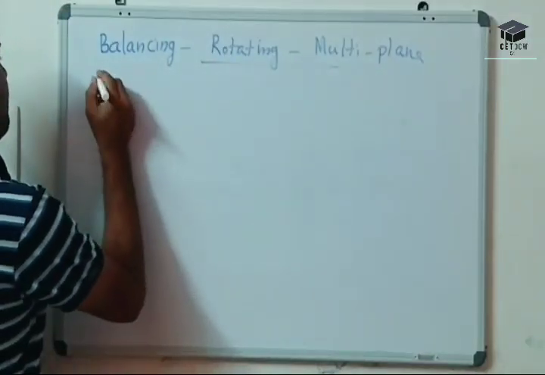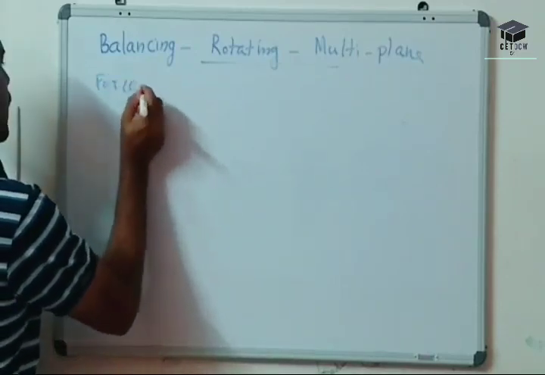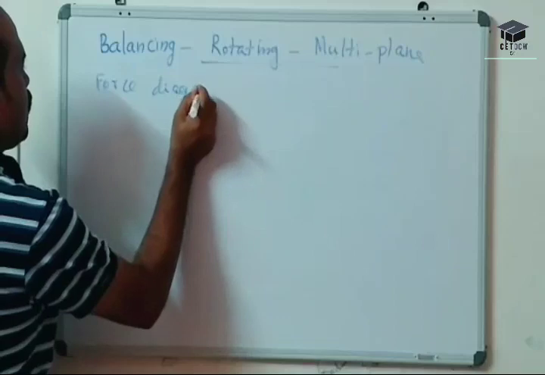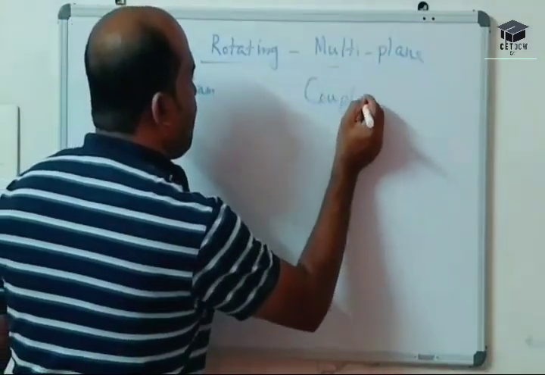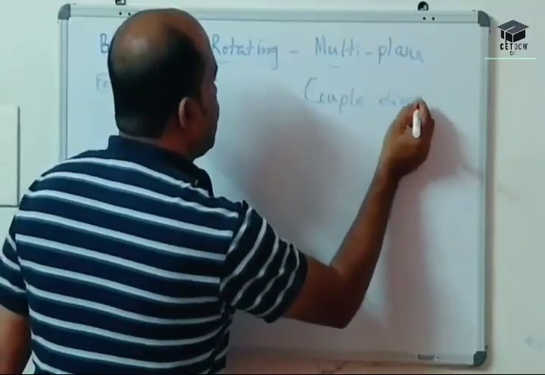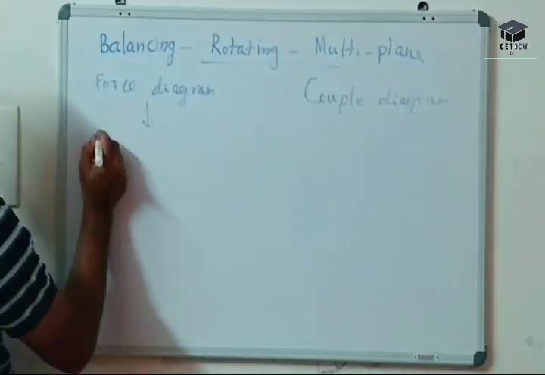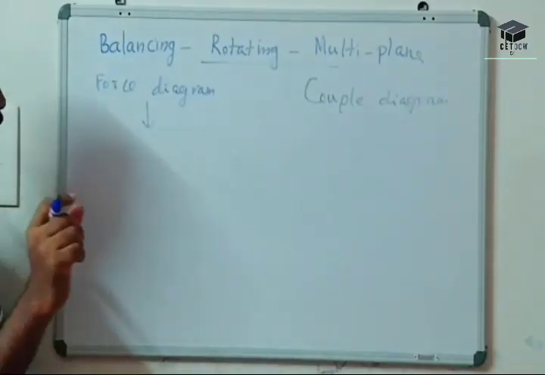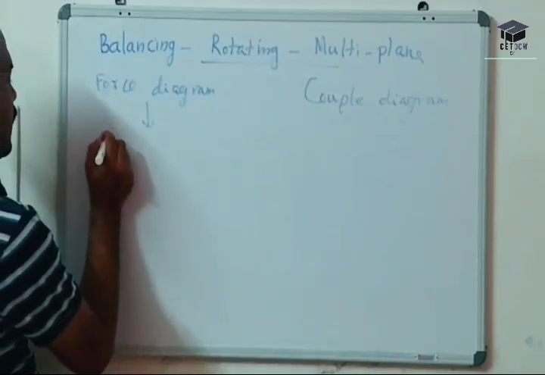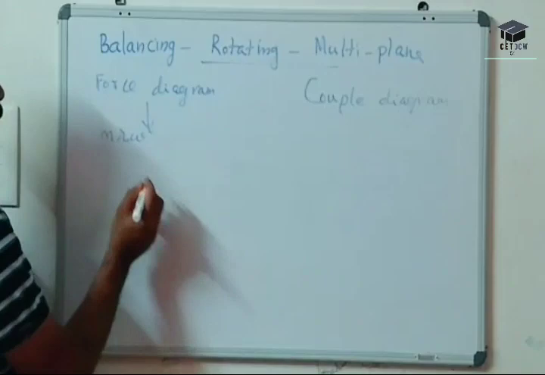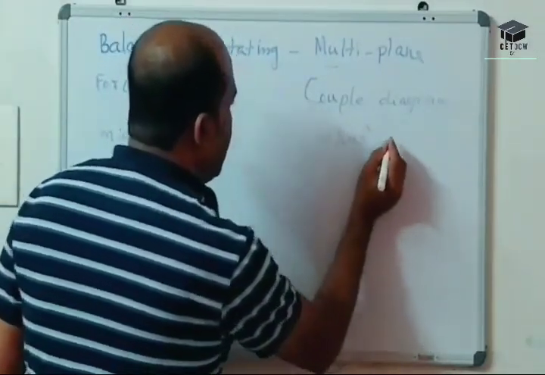One is the force diagram, and the other is the coupled diagram or moment diagram. In the force diagram, we will draw the vector corresponding to the centrifugal force of each mass. The equation is m r omega square. Here the equation is m r omega square L.